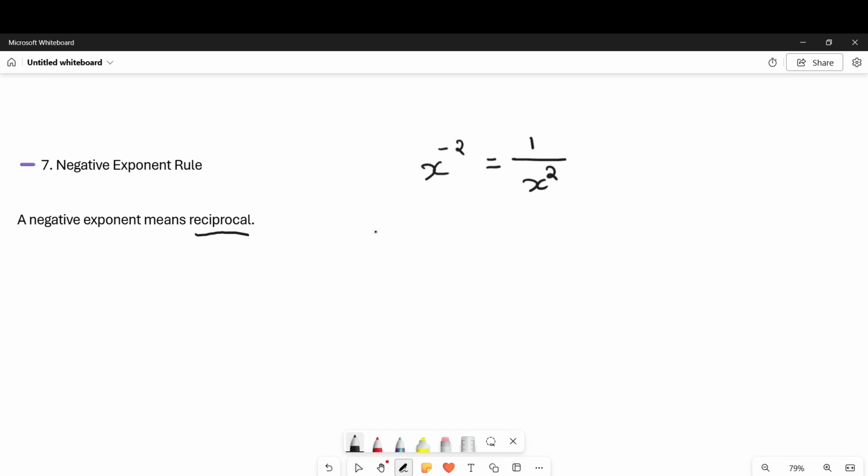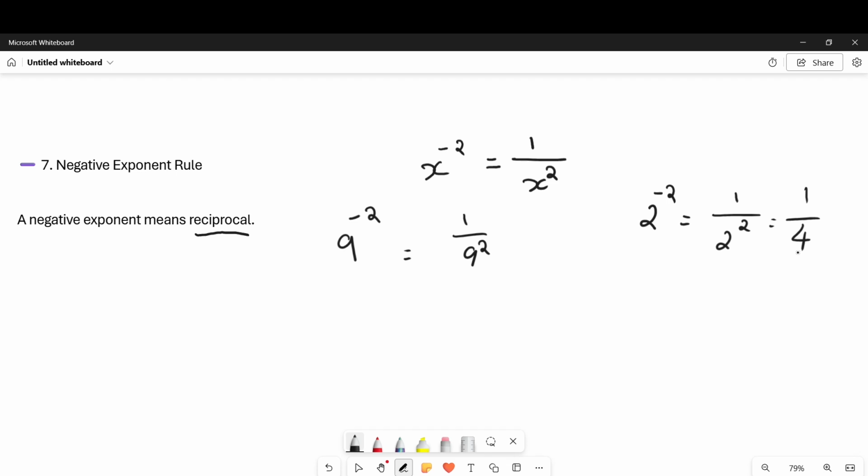For example, 9 raised to minus 2, just write 1 by 9 squared. That's it. Another example, 2 raised to minus 2 is equal to 1 by 2 squared, which is equal to 1 by 4.